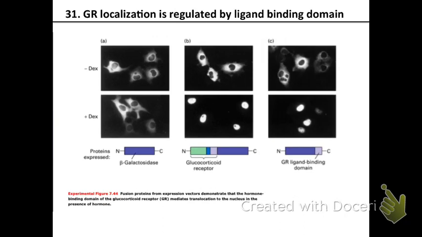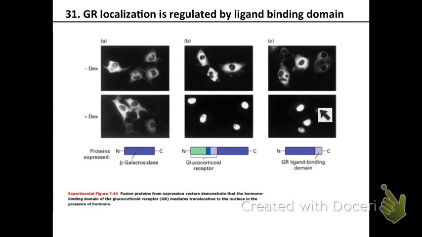What about your experimental, in which you're trying to find out which protein domain is responsible for regulating that translocation, where you fused your ligand binding domain to your reporter? In the absence of the hormone, you see that this reporter is in the cytoplasm, and in the presence of the hormone, what happens?